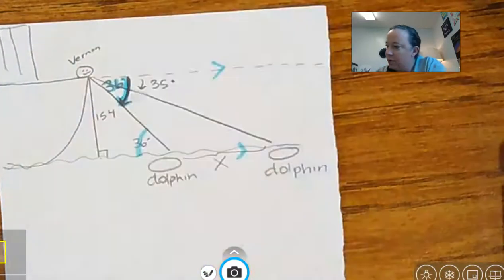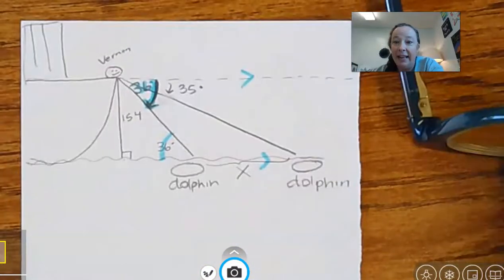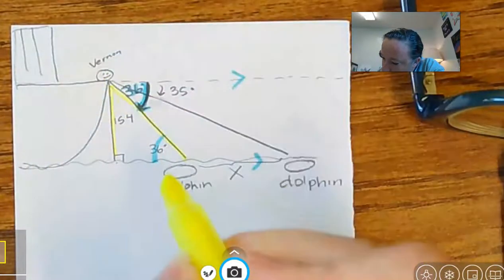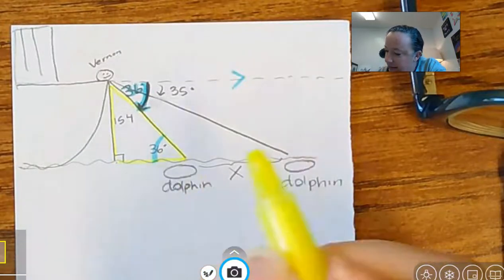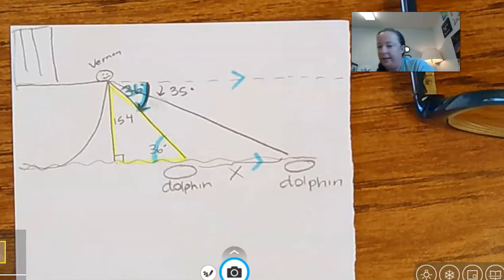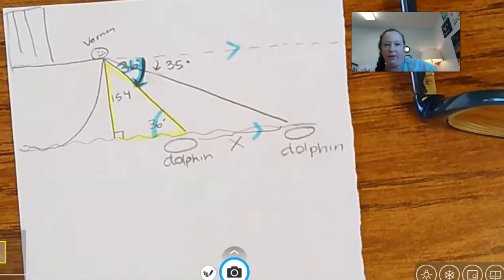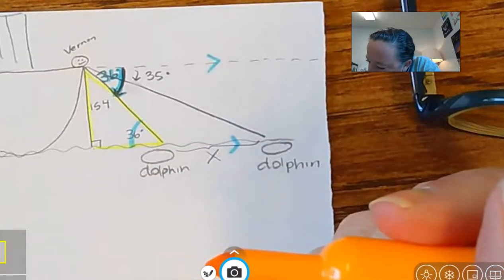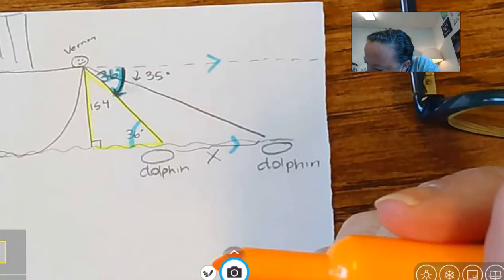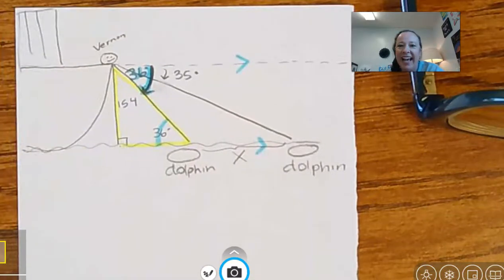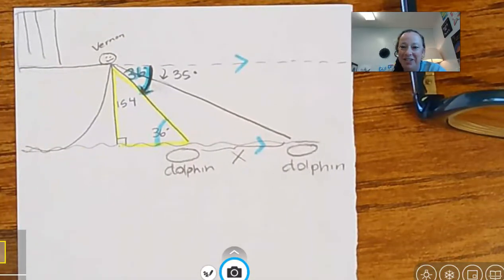So this triangle that I'm getting ready to highlight in yellow, we can do some information. And then the big triangle, I've got a different color right here. Hold on a minute. I had to pause and find my orange highlighter.